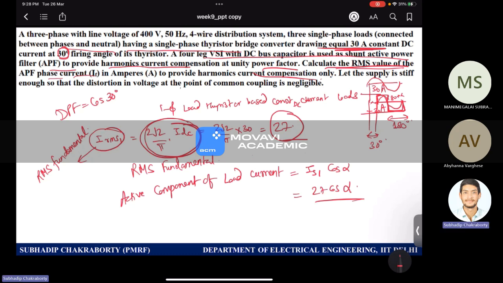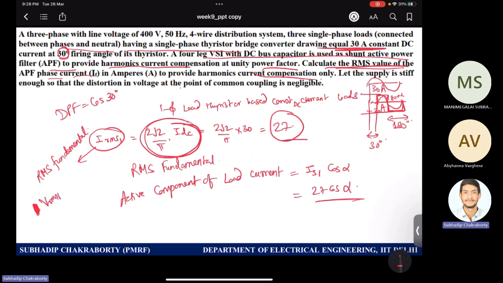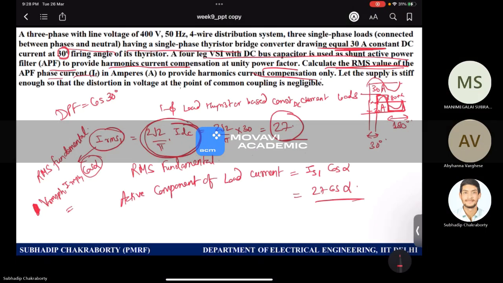Because whenever you do the power balance, you write like this: for single phase, VRMS phase 1 into IRMS phase 1 into cos alpha is the active power, which is equal to the output power.